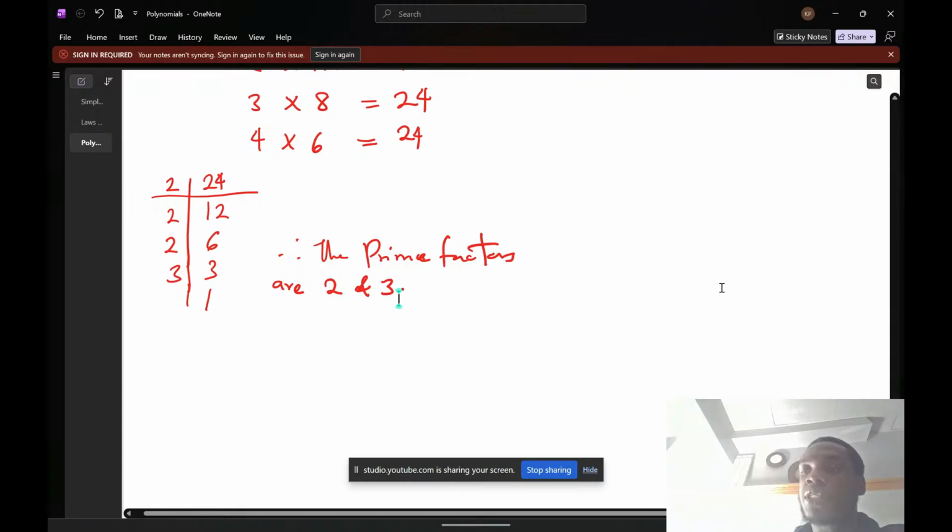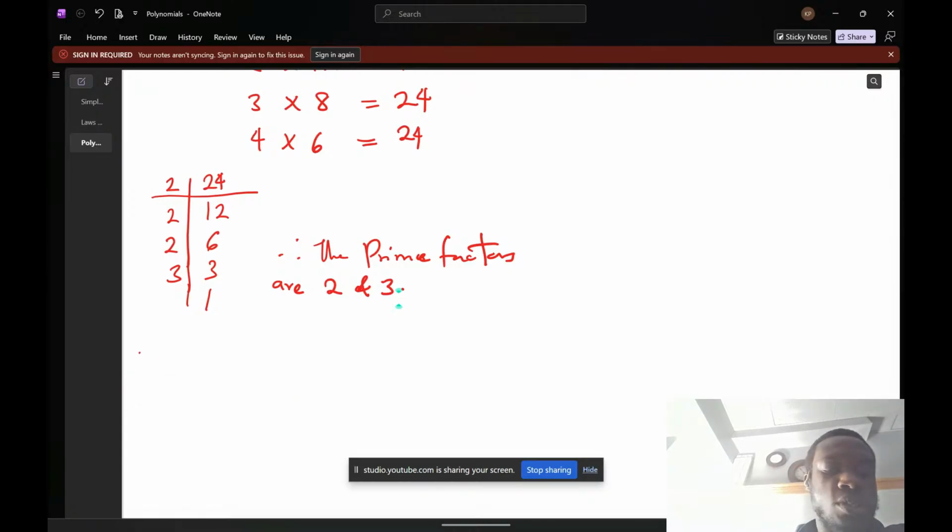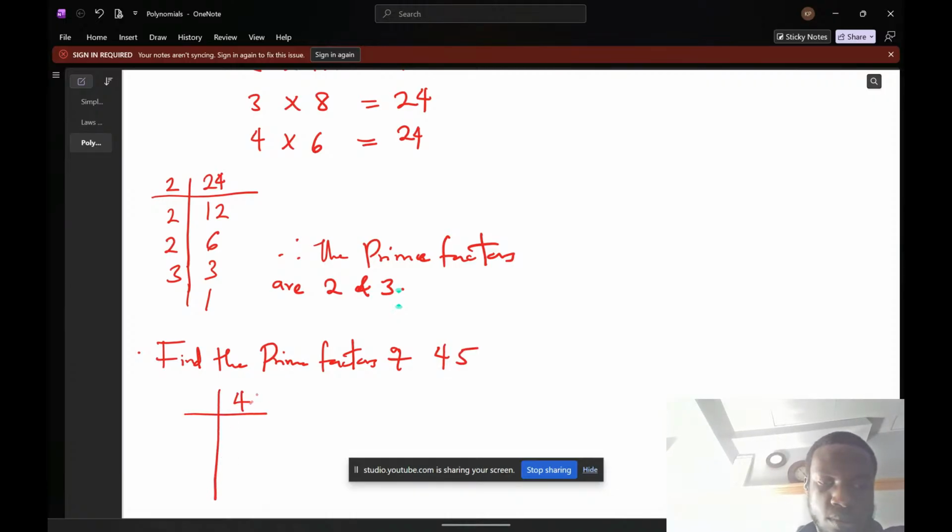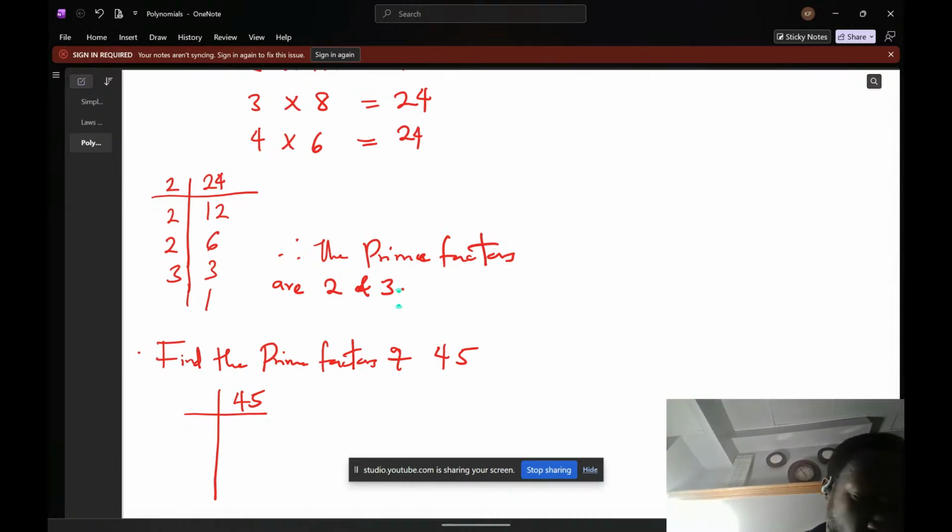So another one, let's find the prime factors of 45. So let's do 45 divided by 3 because 2 cannot divide 45. If you divide 45 by 2, we have a remainder.